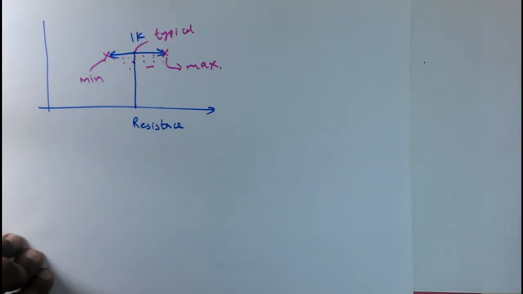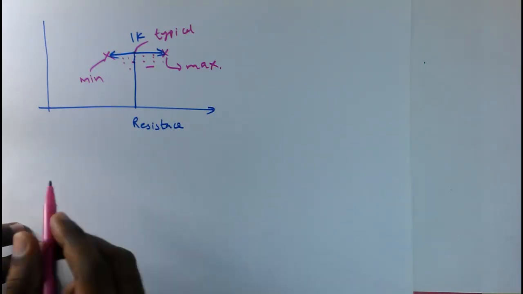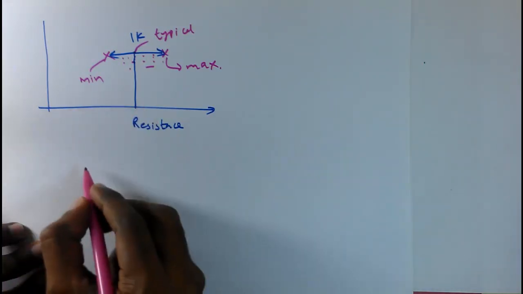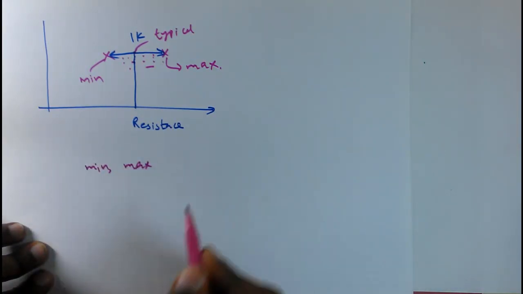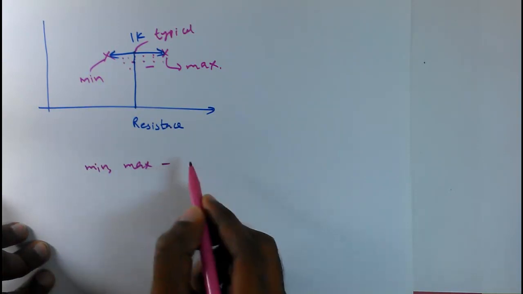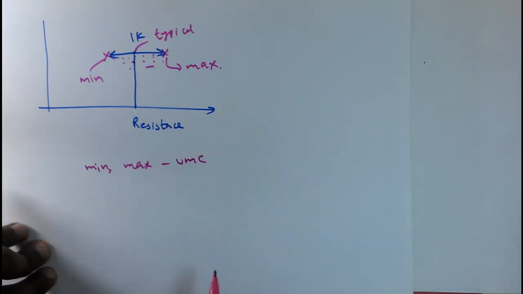It doesn't mean that it will be only typical or minimum or maximum. It could be anywhere in between minimum and maximum. Some foundries, like UMC and others, call the process corners minimum corner and maximum corner.